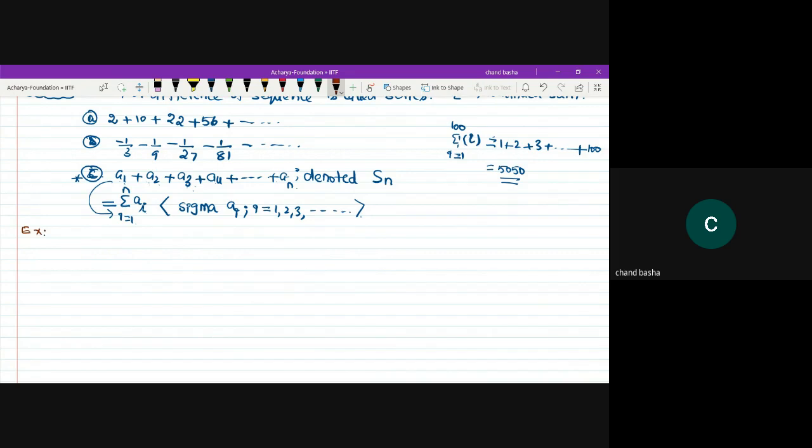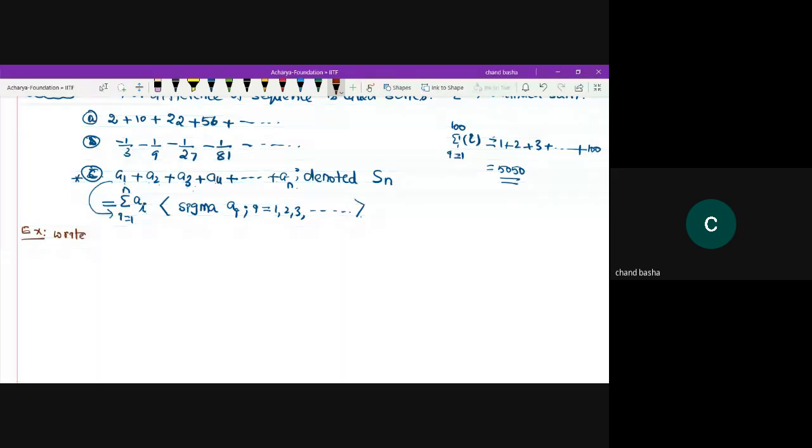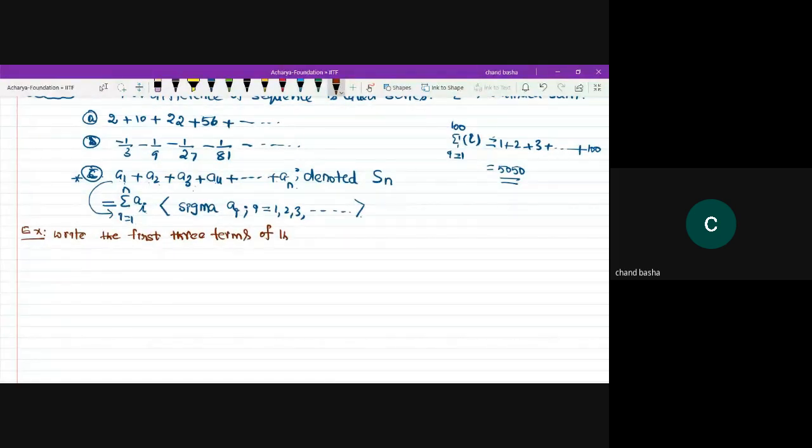Example number 1: write the first 3 terms of the following sequence.